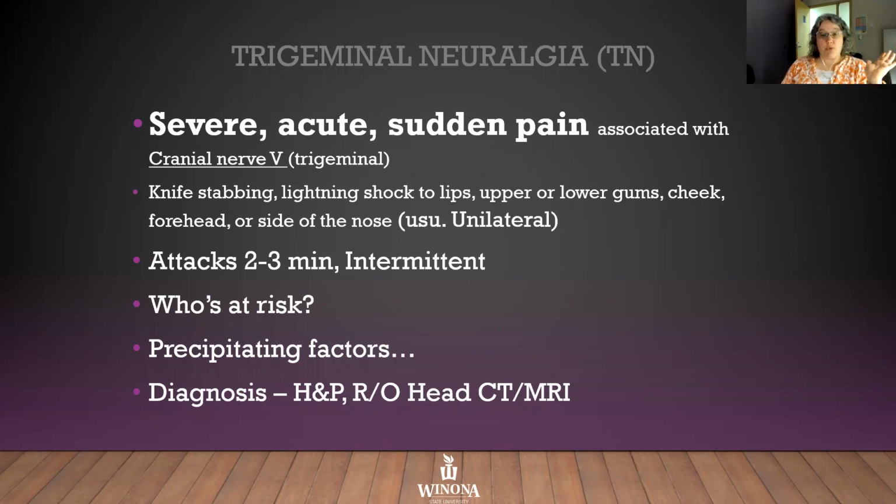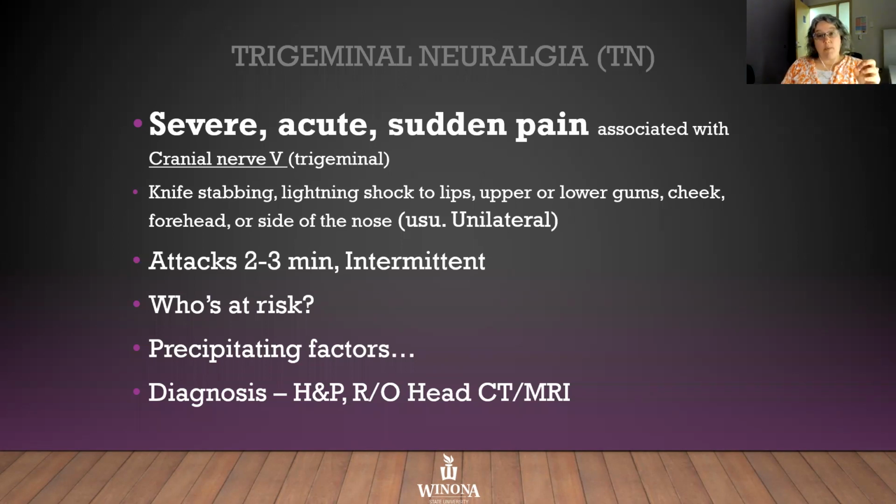What you'll want to be aware of when you are going through SurePath and your readings is who's at risk, and what sort of precipitating factors people have that lead to one of these trigeminal nerve attacks.